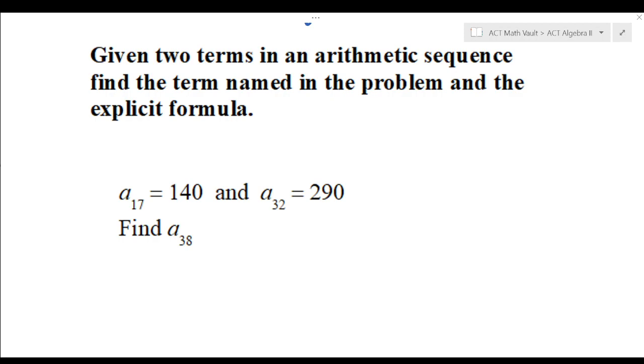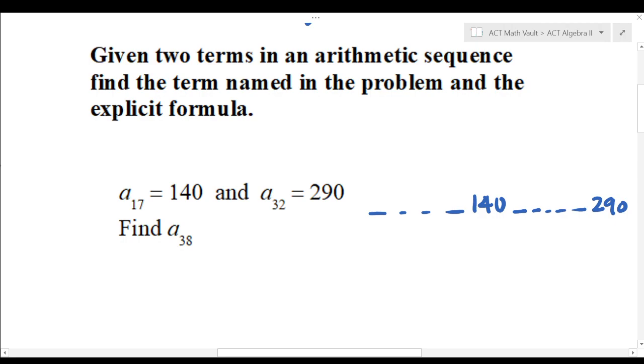Okay, so if I know a sub 17 is 140 and a sub 32 is 290, that gives me a hint: 16 numbers, then the 17th number would be 140, and then a bunch more numbers, and then the 32nd term is 290.